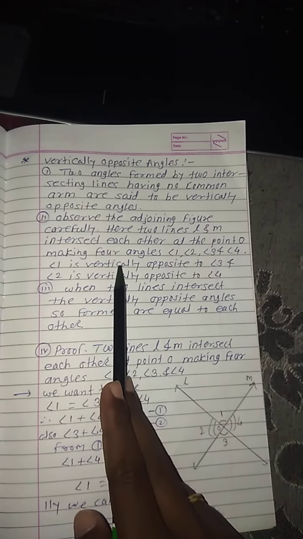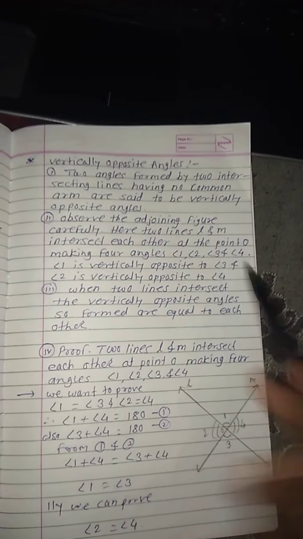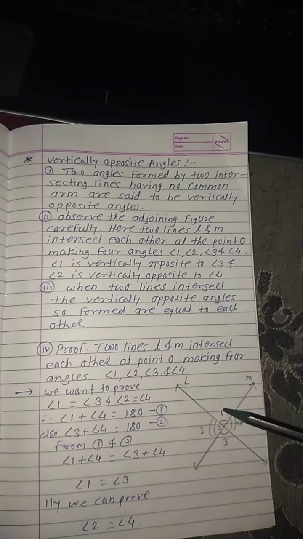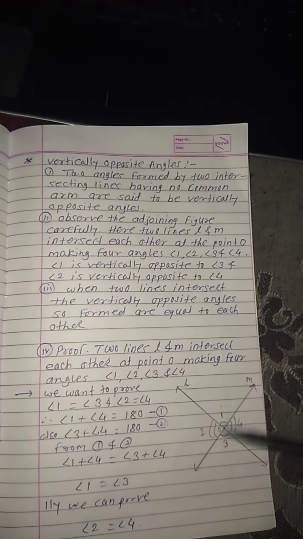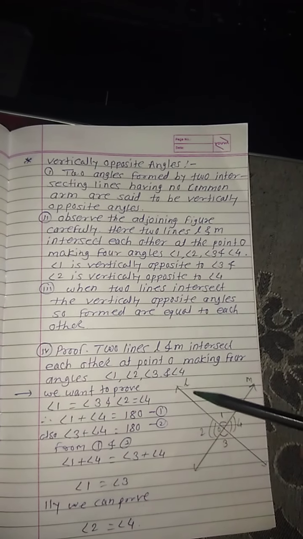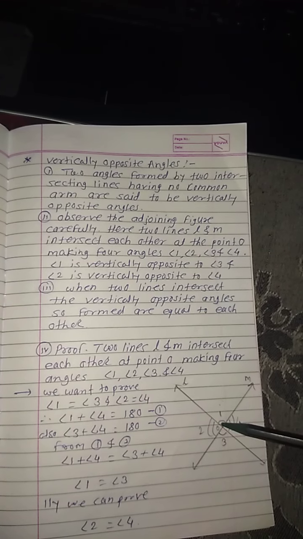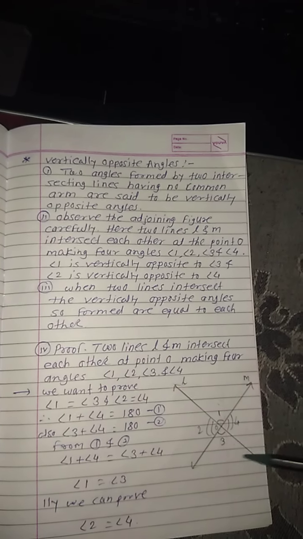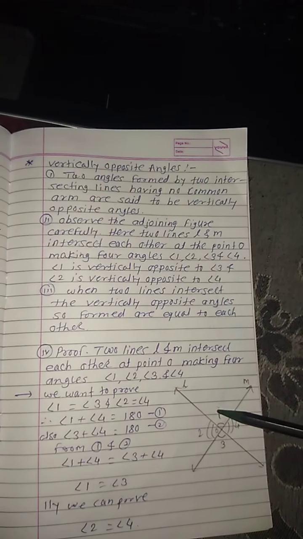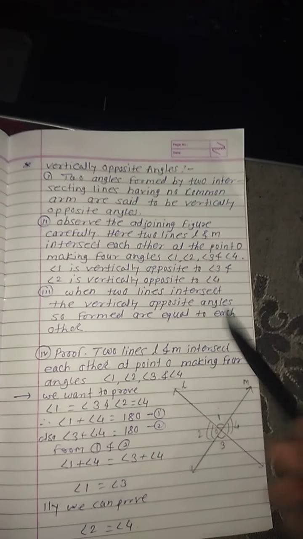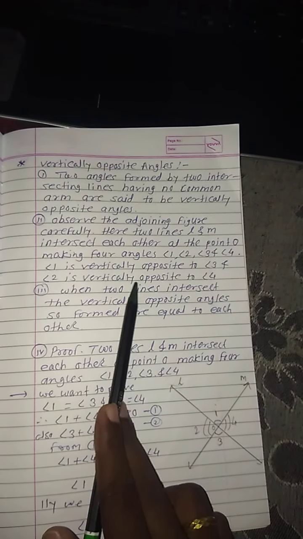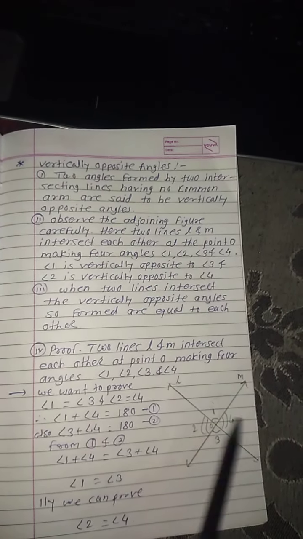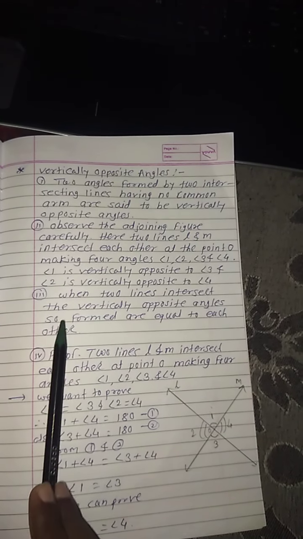Angle 1 is vertically opposite to angle 3, meaning they are opposite to each other. That is why they are called vertically opposite. And angle 2 and angle 4 are vertically opposite. Look, these are vertically opposite angles.